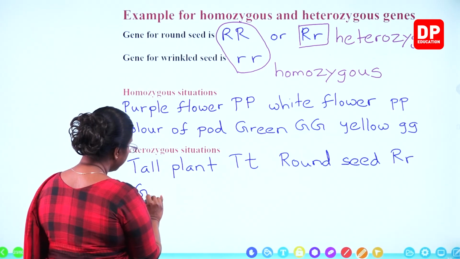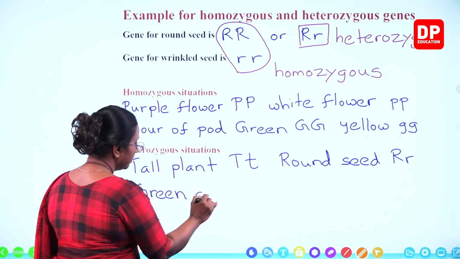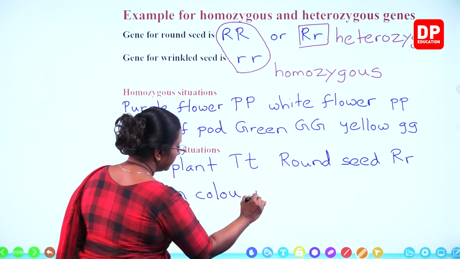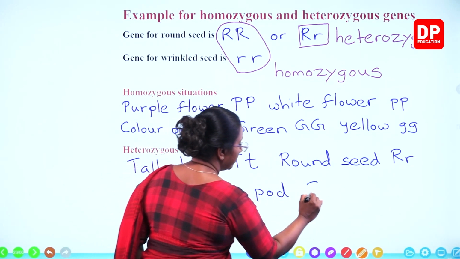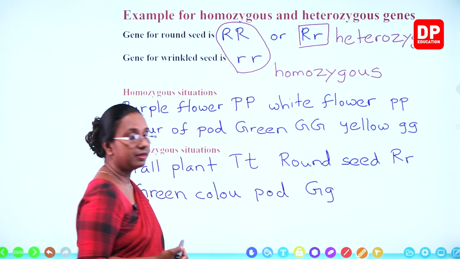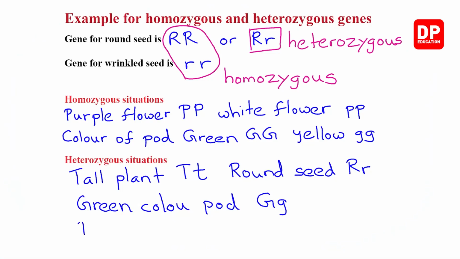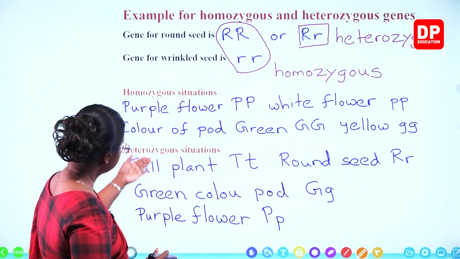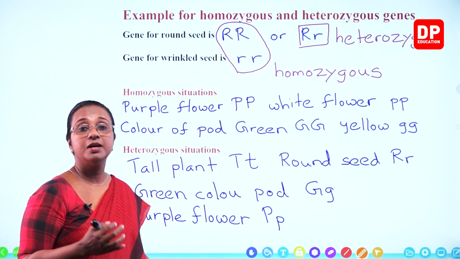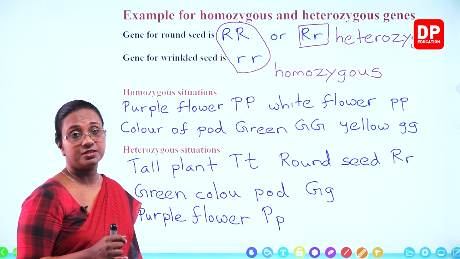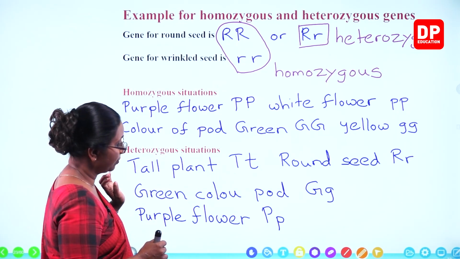Green color pod, capital G, small g. Then we have the purple flower, capital P, small p. These are all examples of heterozygous conditions or heterozygous situations.